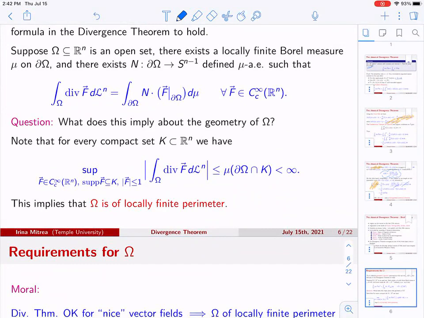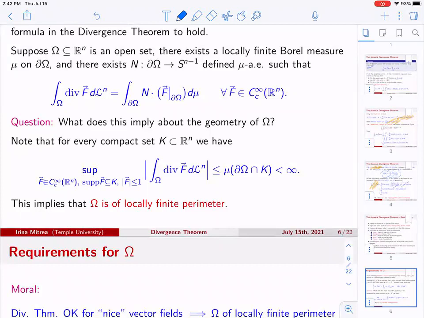And let's assume that there exists a vector n defined on the boundary of the domain omega, taking values in the unit sphere in R^n, defined mu-almost everywhere, such that this parallel version of the divergence theorem holds. So n is not necessarily the unit normal vector, but it's a unit vector. Mu is not necessarily the surface measure, but it's a locally finite Borel measure.